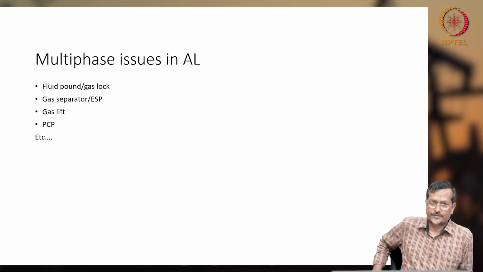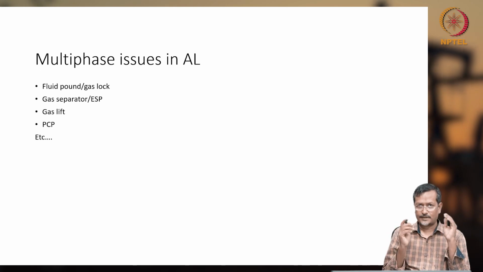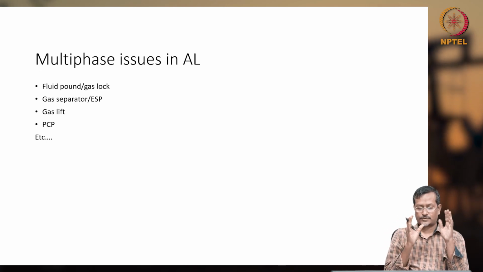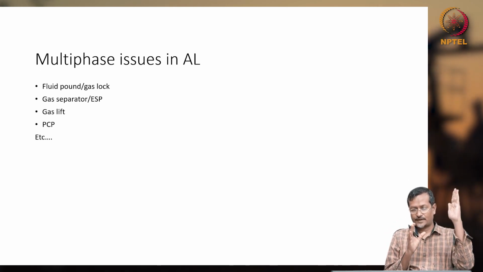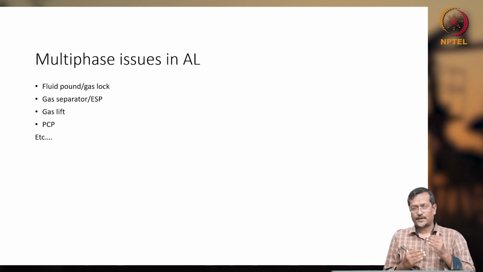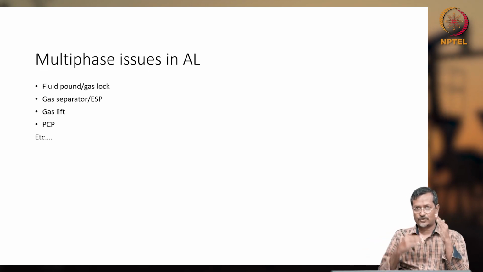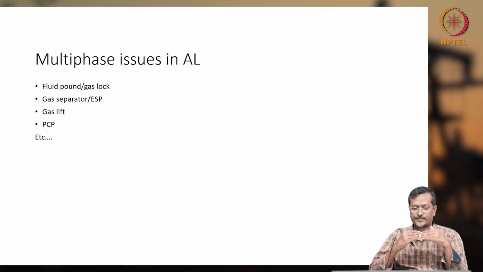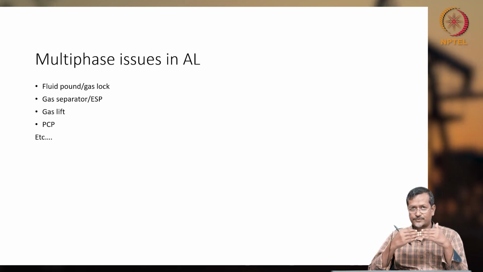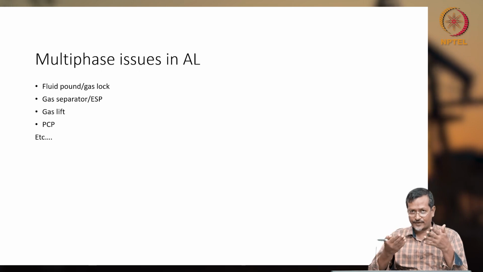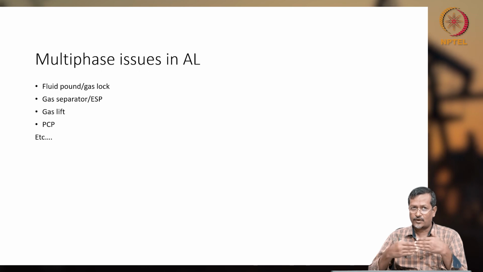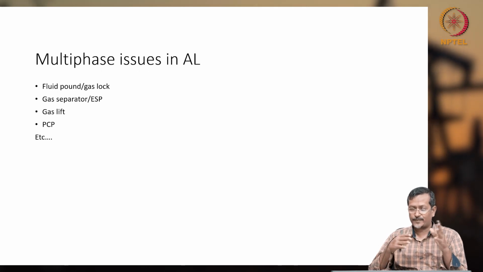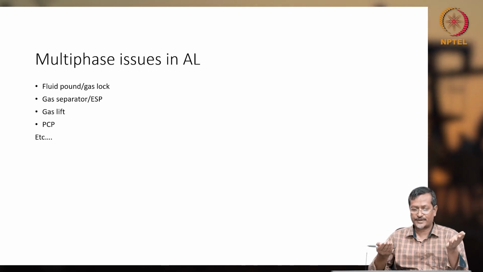In the whole lecture we have seen that there are two types of things: one is vertical pipe, one is horizontal pipe. In vertical pipe the flow physics will be different, and in horizontal pipe the flow physics will be different. If we have different types of artificial lift, the artificial lift will behave differently if we have more gas in the wellbore, or less liquid, or multiphase, or you are creating emulsion.